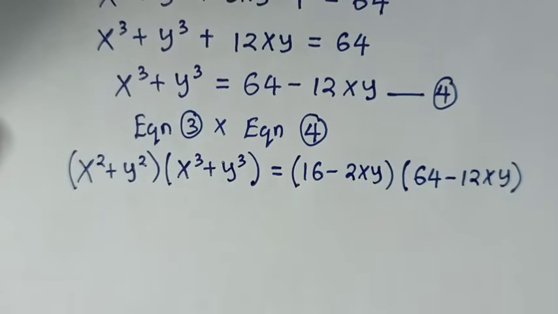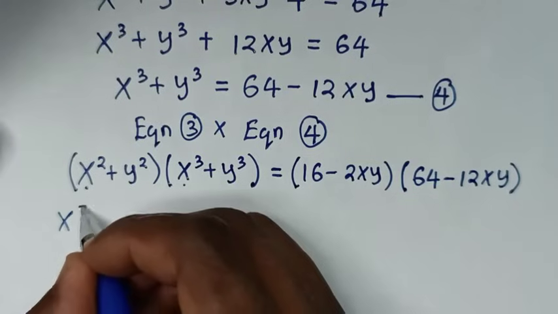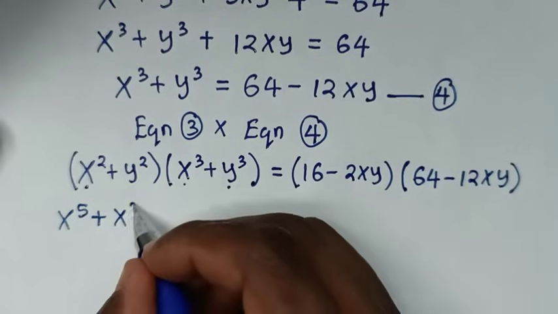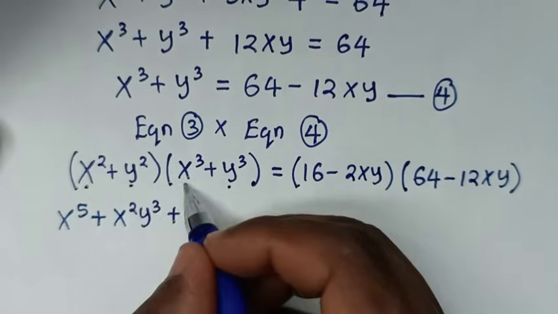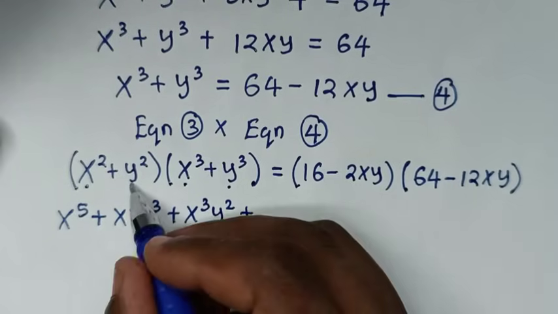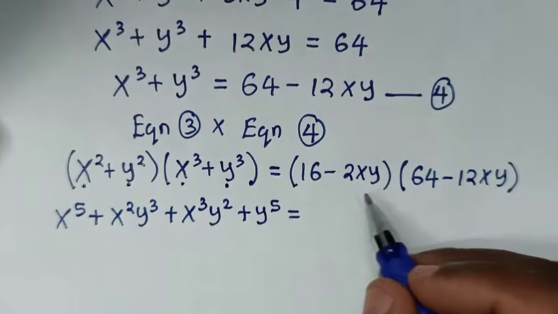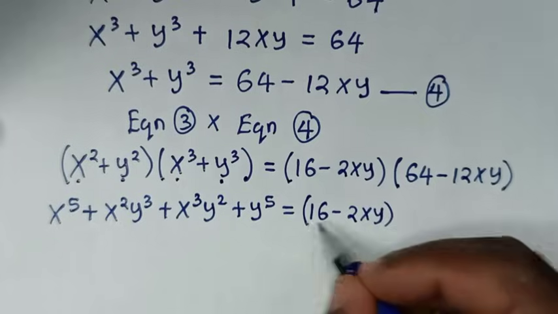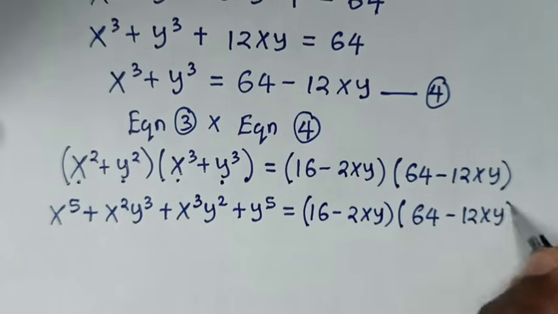Then to multiply x^2 times x^3, it is x^5, plus x^2 times y^3, it is x^2y^3, plus y^2 times x^3, it is x^3y^2, plus y^2 times y^3, it is y^5, equal to this times this, which is (16 - 2xy)(64 - 12xy).